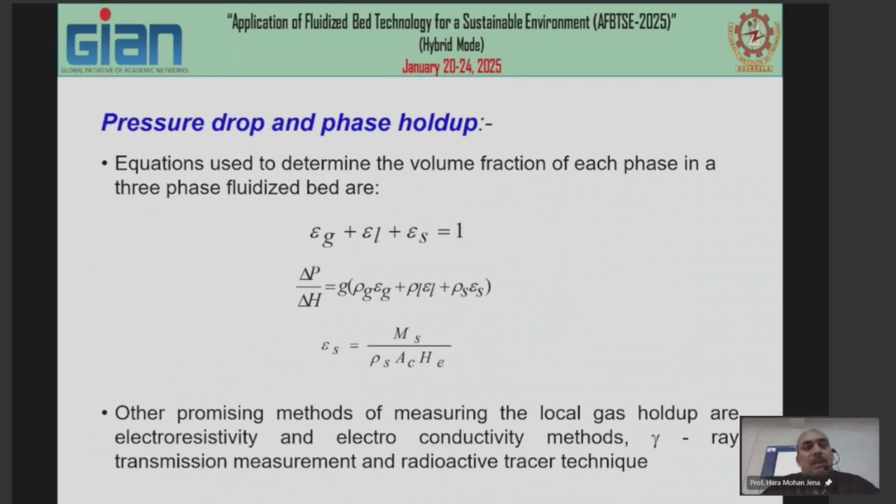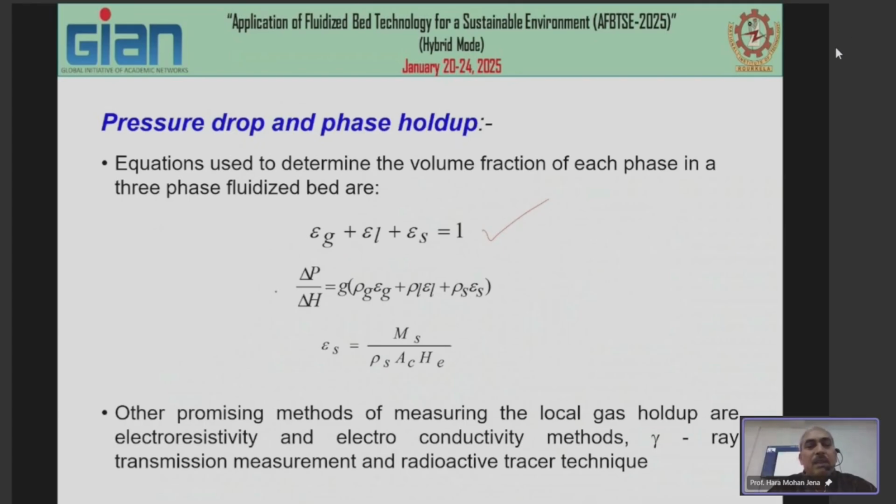Then the other hydrodynamic parameters are the bed pressure drop and phase hold-up. Equations used to determine the volume fraction of each phase in a three-phase fluidized bed are: one is the sum of the volume fractions of gas, liquid and solid phases equal to 1.